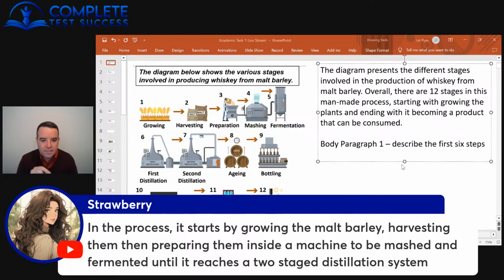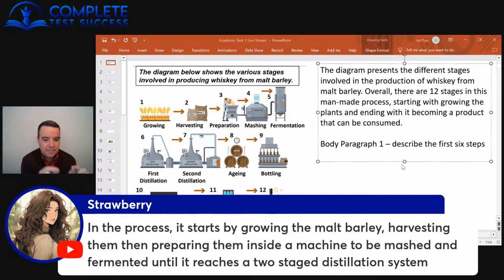No, the process starts by growing. So in the process, the first stage is, but we cannot have "in the process" and then use the word "it" to refer to the thing that you just mentioned. If you want to introduce the topic like "in the process", the subject of the sentence can't be "it", because it is the thing that you just mentioned already. We would never do that.